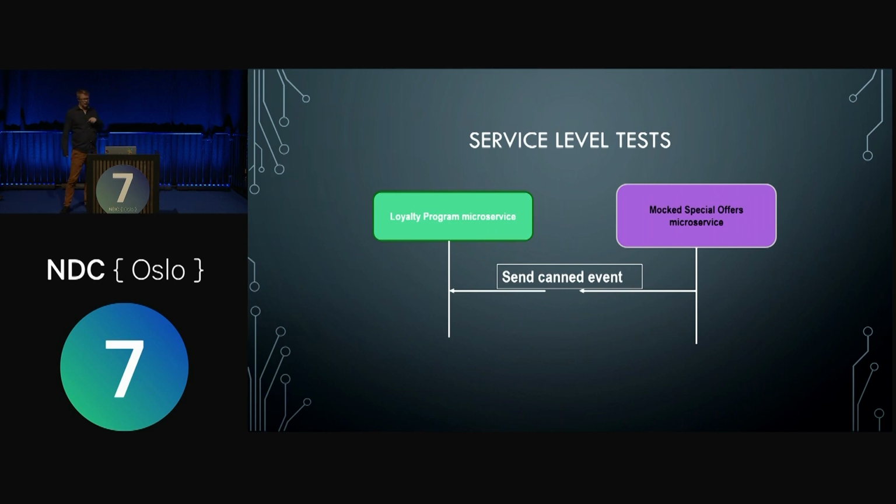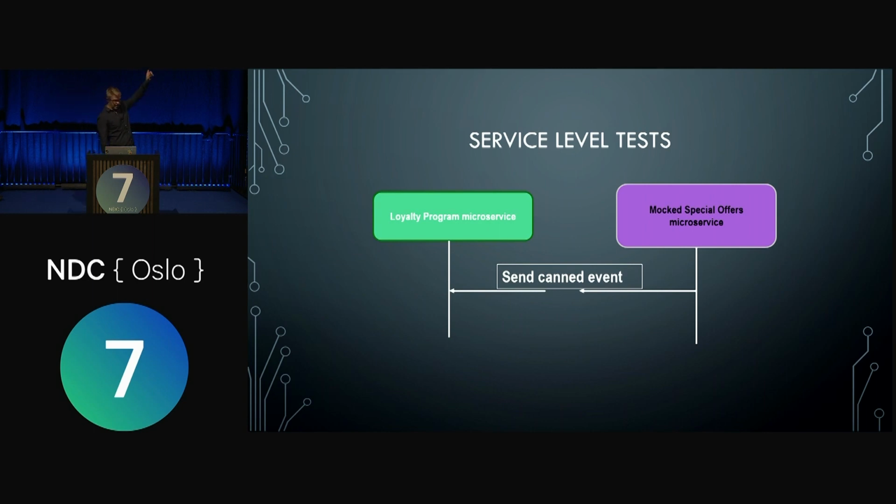So we want to get started writing these service level tests, and we should test the complete microservice and mock the other ones. So what we have is the loyalty program, and that's the real code running like it really does, using the real database and real HTTP and real RabbitMQ and so on.